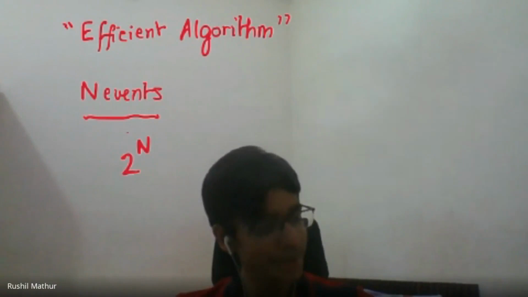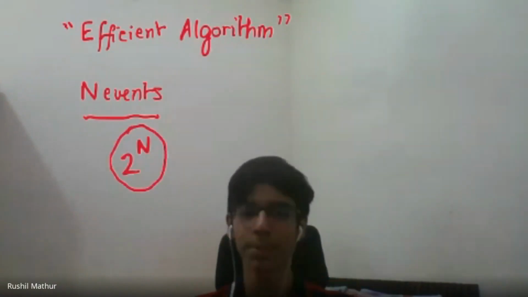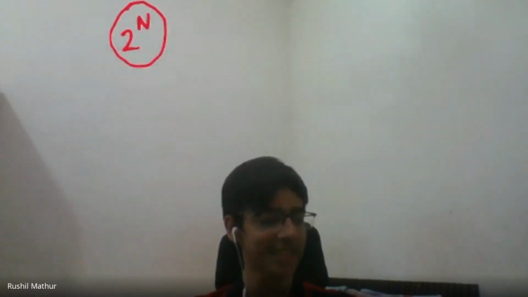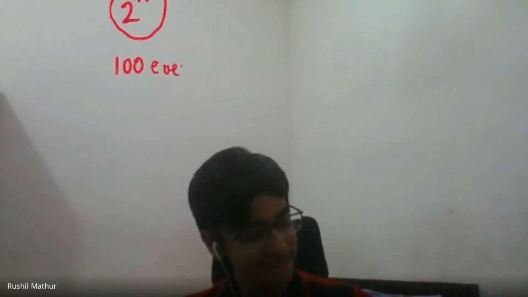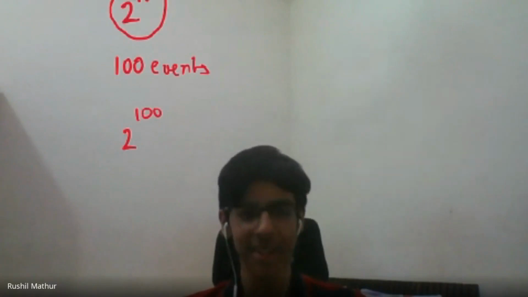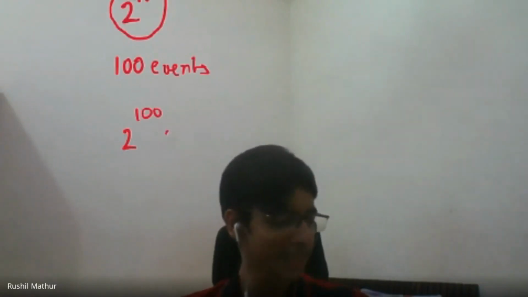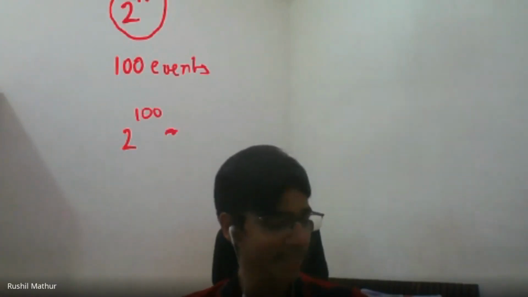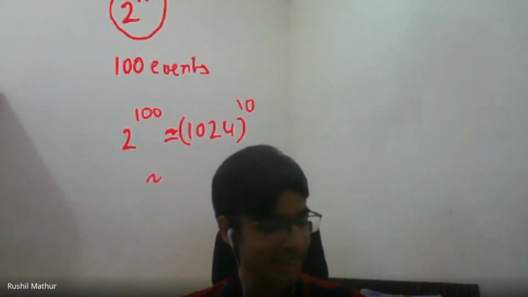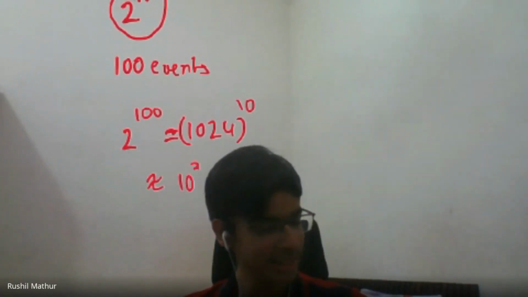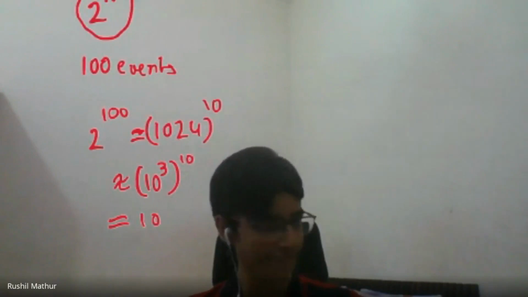The problem with 2 to the n though is it's exponential, right? So it rises really fast. For example, if you have, let's say, 100 events, then 2 to the 100, can someone approximate 2 to the 100? I'll just do it. It's basically 1024 to the 10. So if I take that as 10 to the 3 to the 10, this is 10 to the 30.